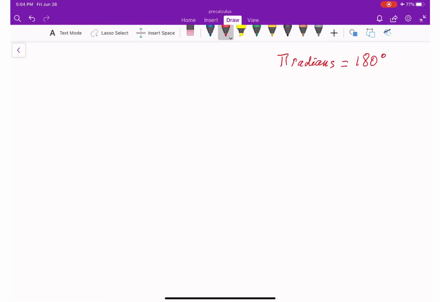So if I want to find 1 radian, then I'm going to divide by pi, right? So from here, 1 radian is going to be equal to 180 over pi degrees.